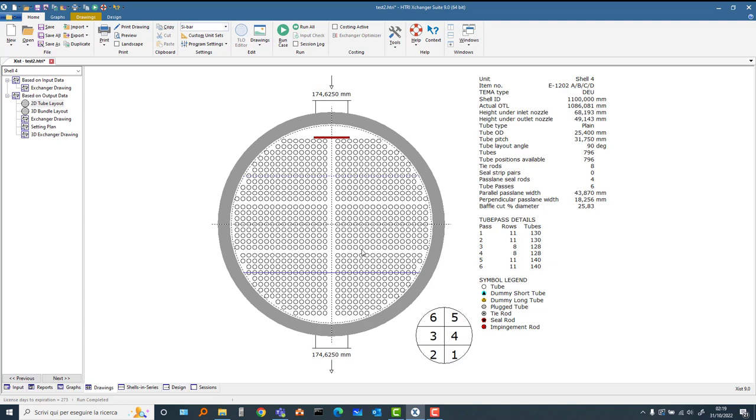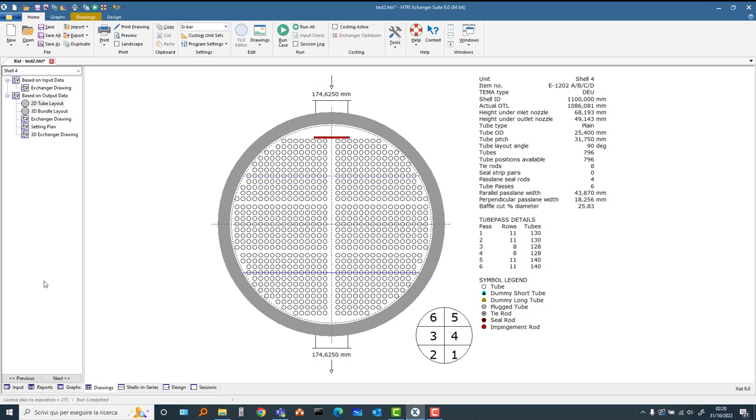But if there is a phase separation, so if the liquid goes down and the vapor goes up, of course the fact of having this baffle cut means that there is a barrier. So in order to proceed along the exchanger, the liquid level must go up and must be above this baffle cut. So in units of this type, it's much better to have a vertical baffle cut.